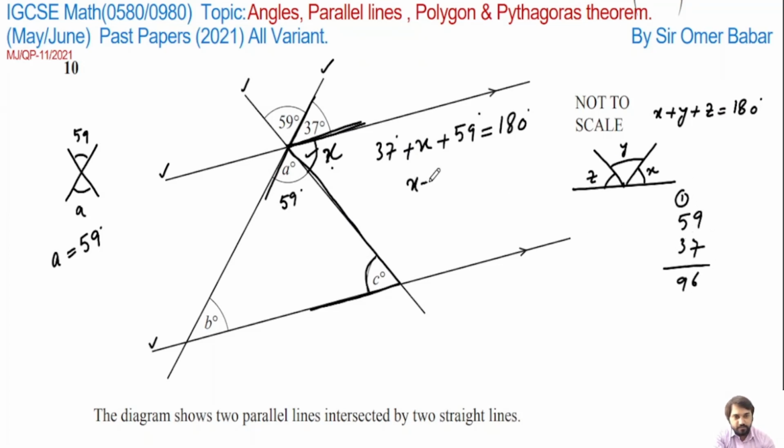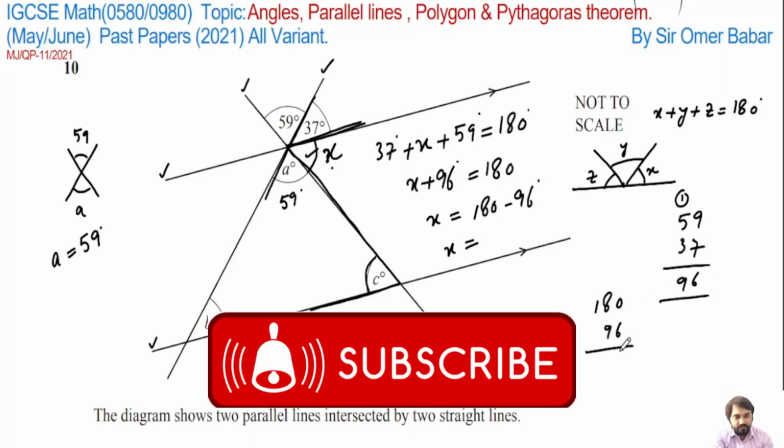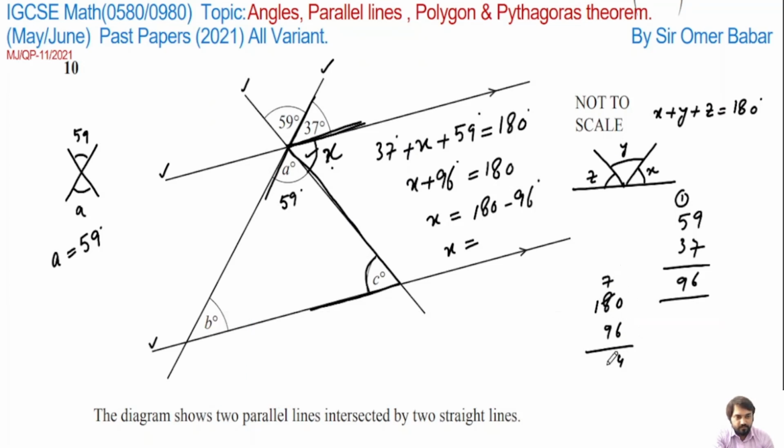So X plus 96 degrees is equal to 180 degrees. Now 180 minus 96 gives the value of X, that is 84. So angle X is 84.